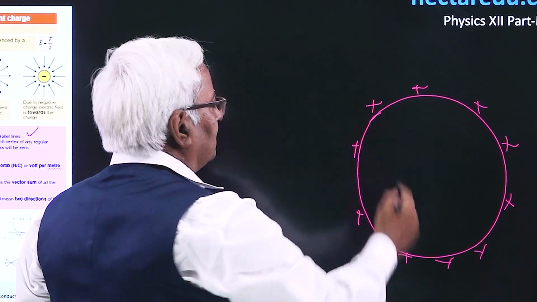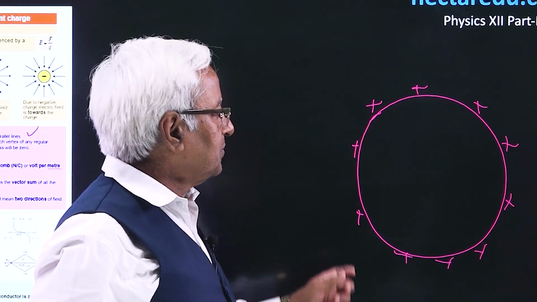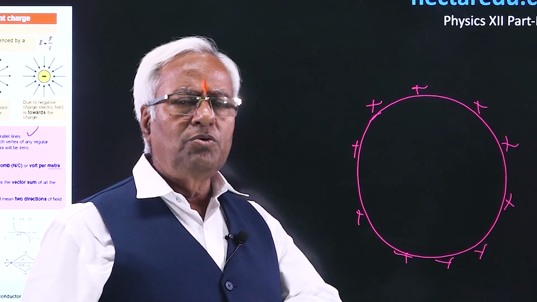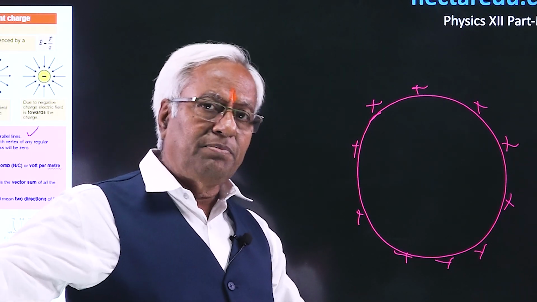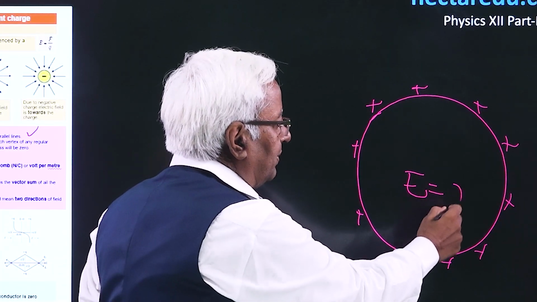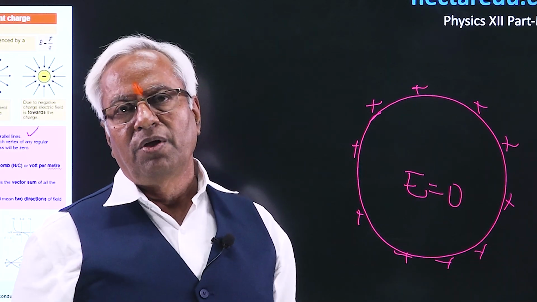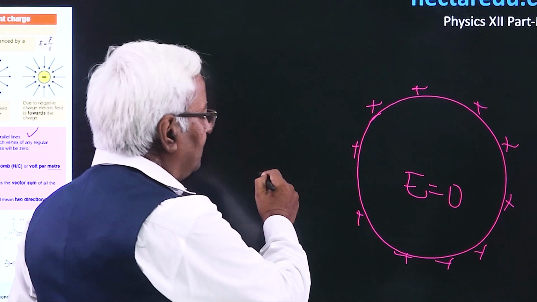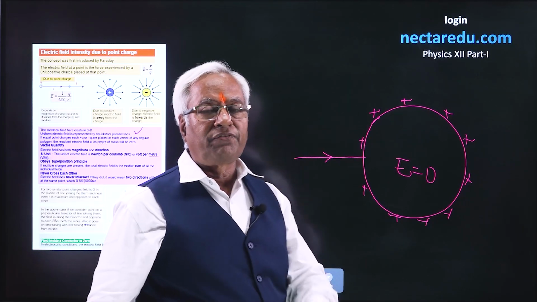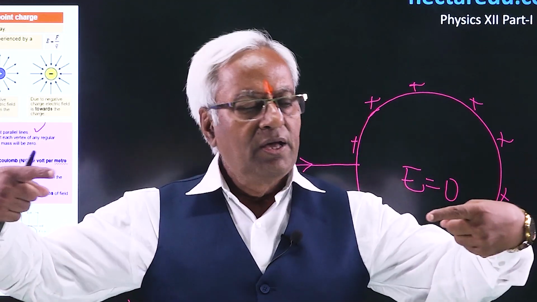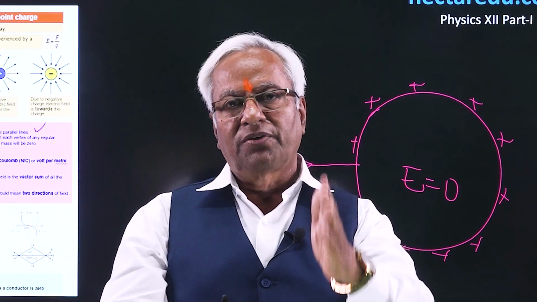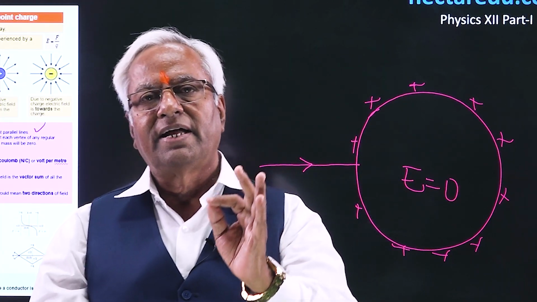Inside there won't be any charge given from outside. So, the resultant field inside will be always equal to 0. And if the electric lines are approaching this conductor, they will meet the surface of the conductor always normally. Better you could say the angle between the lines and the surface is always going to be 90 degrees.